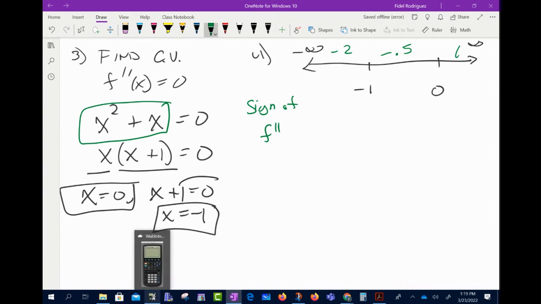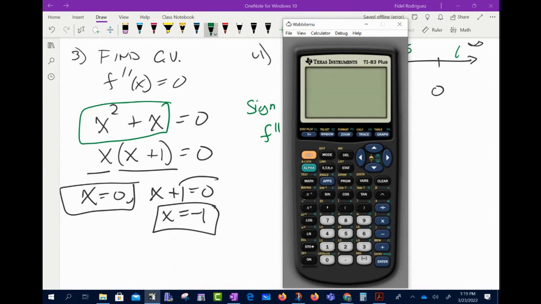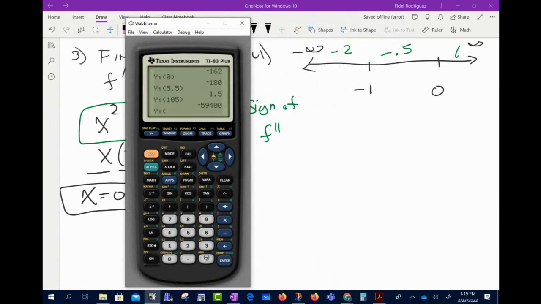Okay. So look, y'all, I'm going to come back over here. Let me turn this guy on again. Go to my y equals. Let me clear that out. I'm going to have x squared plus x. Okay. Enter that in. Quit. All right. Go to y bars. Let's evaluate this at the first value we said was -2.